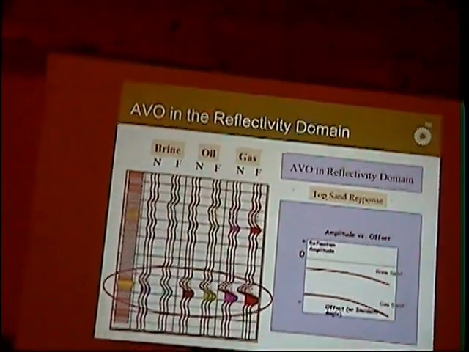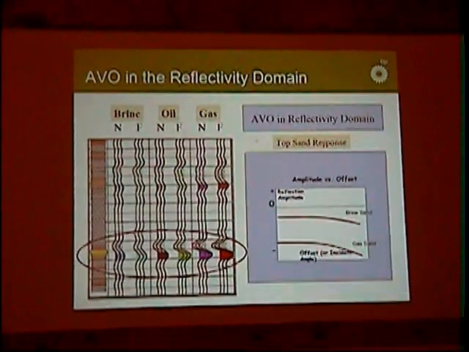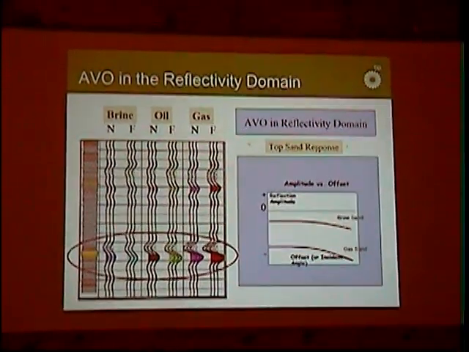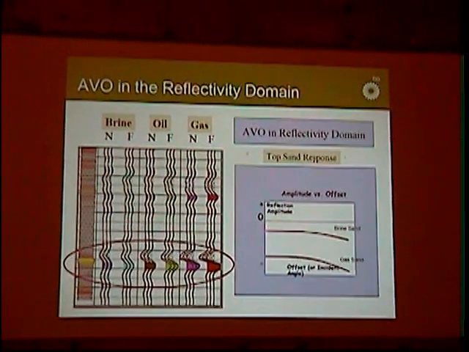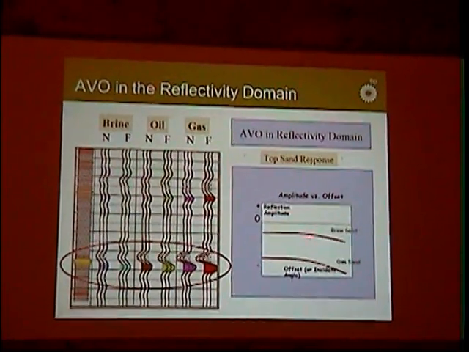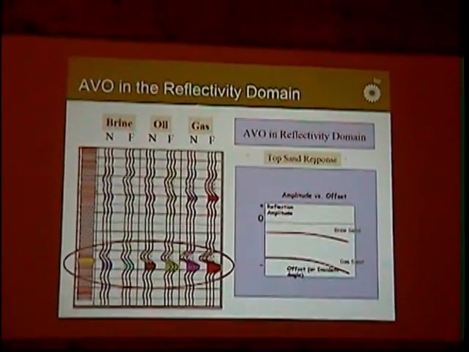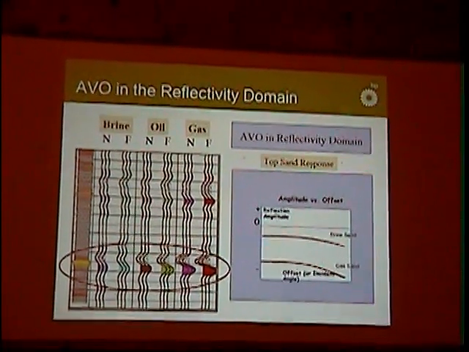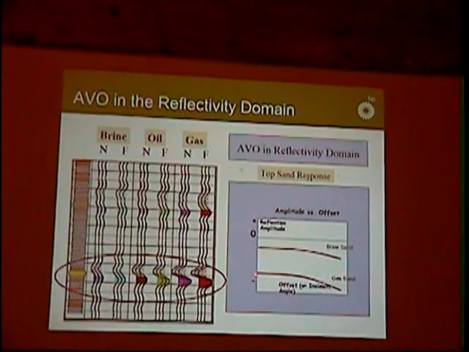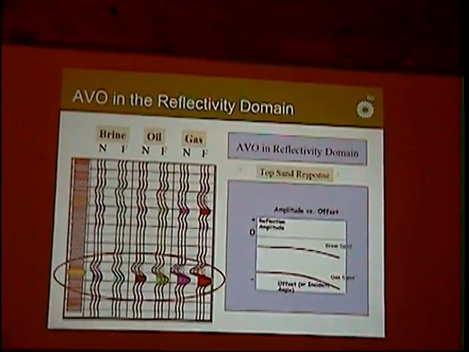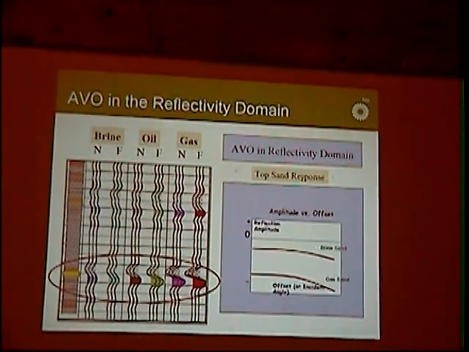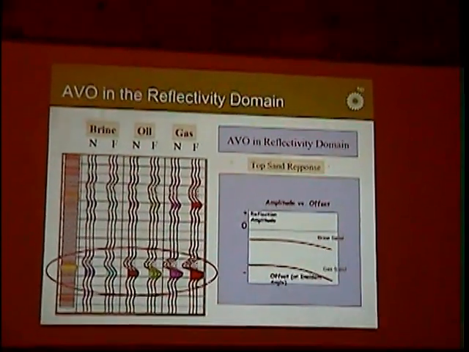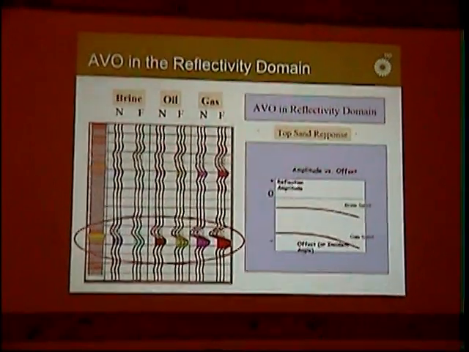It's not that strong, so I can plot it here, but I do have a negative gradient, meaning I'm becoming more negative with offset. So you can see that that's where that's plotted here. If I go for the gas case, it's a fairly strong normal incidence reflection, which is this point here, and I'm getting more negative with offset. So I have a negative gradient with offset. So I can take that information.